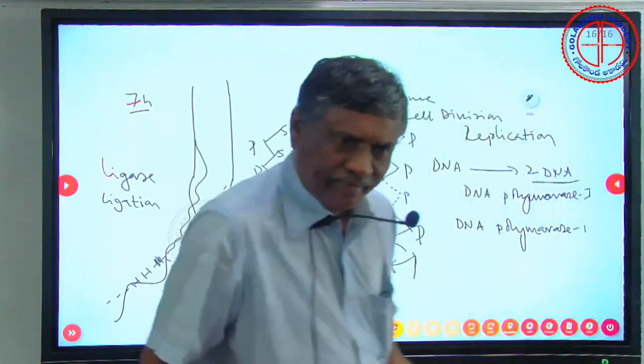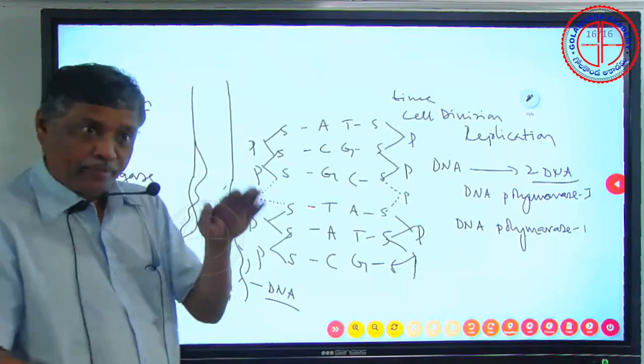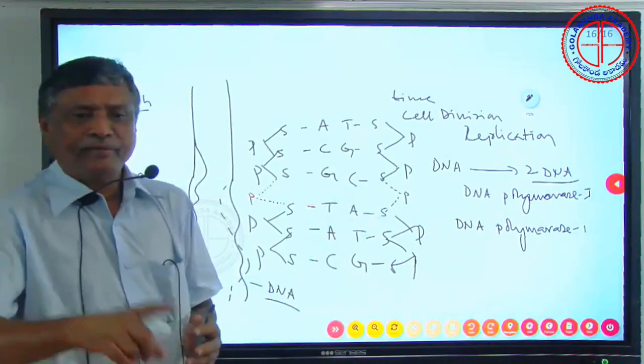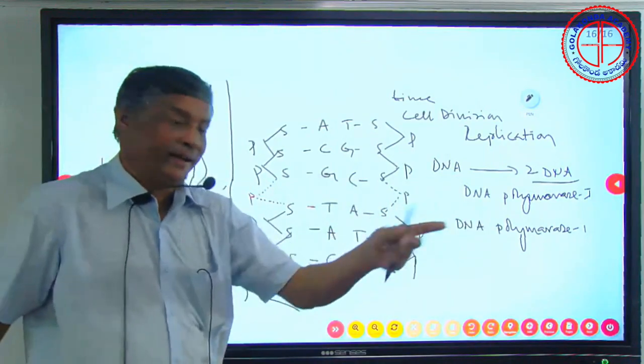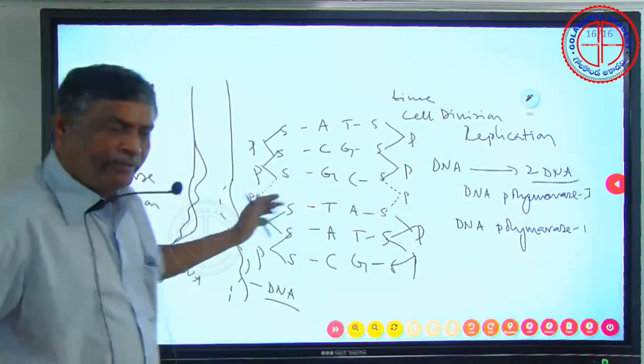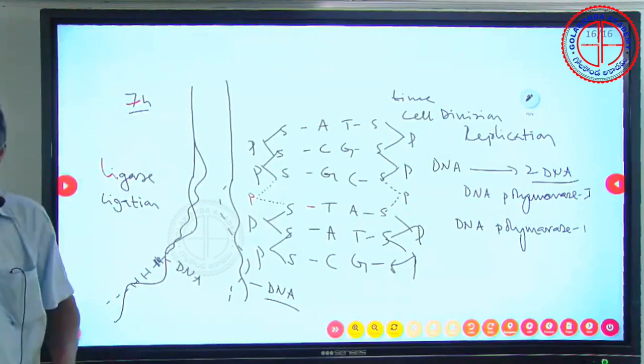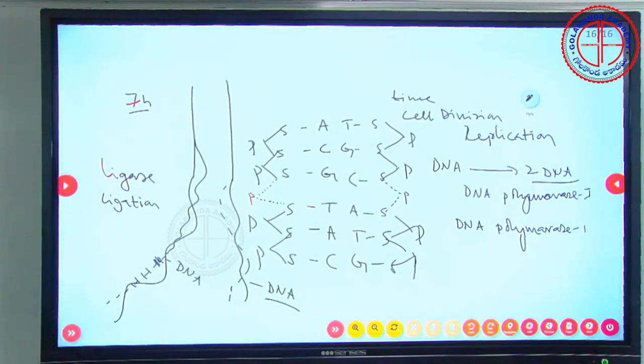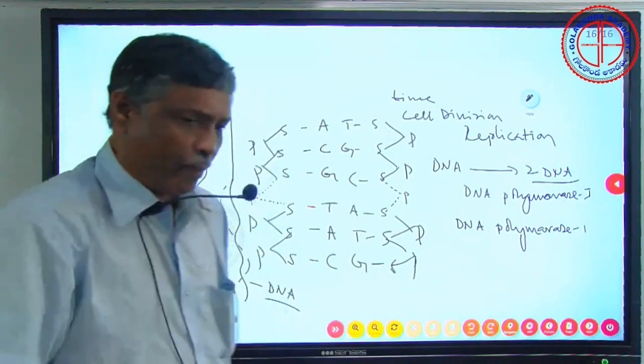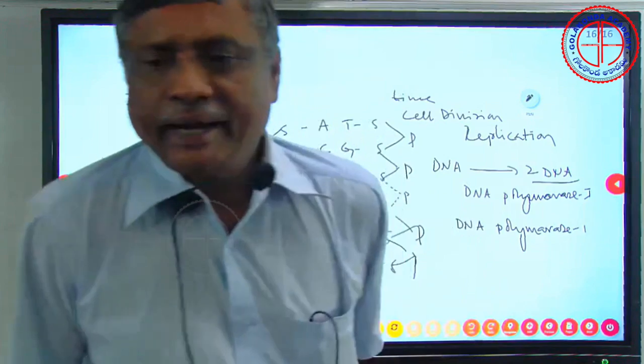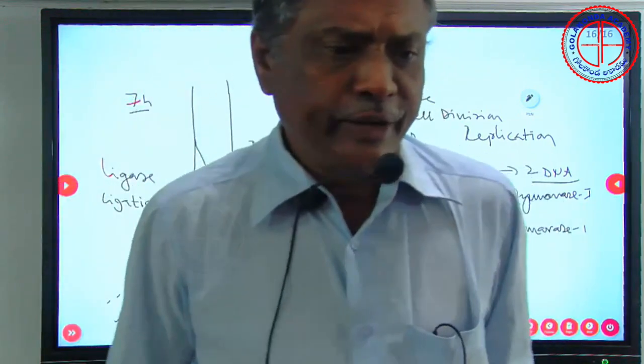Conserving means preserving. Half of the helical is conserved from the mother DNA, right? And the remaining helical is new.